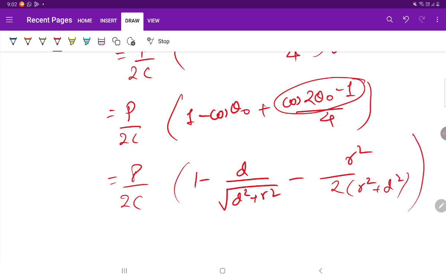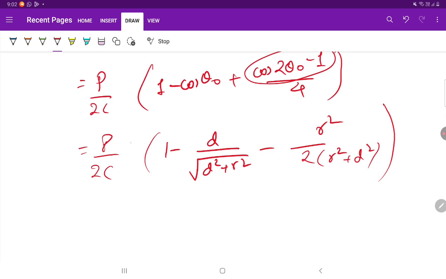Since we are interested in the magnitude, we'll just keep a mod sign at the end. Hope you get it, so that's the final answer. In Pathfinder they have given a negative sign, meaning the answer which I am getting is actually the negative of that. But since we are interested in the magnitude, we just put a mod here. It doesn't matter much.